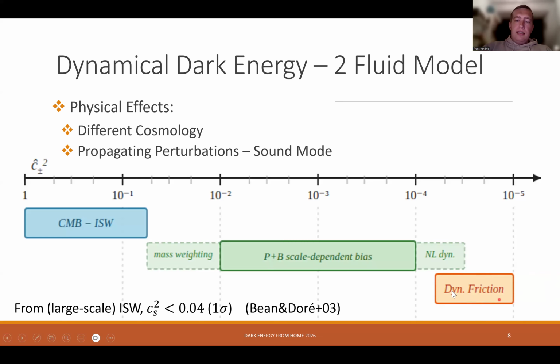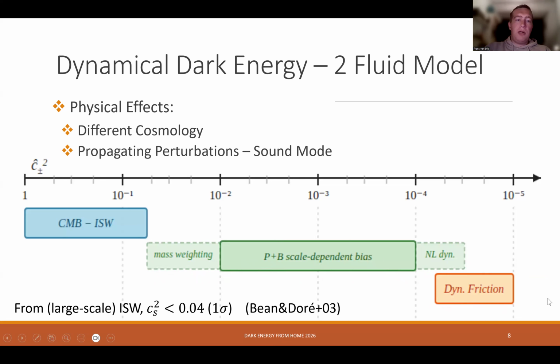And the range of scale-dependent growth may be extended to larger scales by mass weighting, so giving more weight to the more massive halos, and going to smaller scales via including nonlinear dynamics. So these are the three things that we expect to happen. And in our paper, we focus on the scale-dependent growth first, and then on the gravitational drag force.